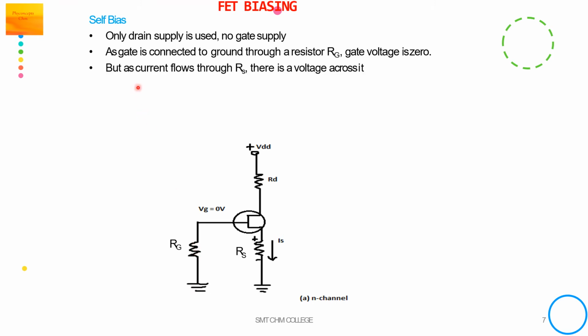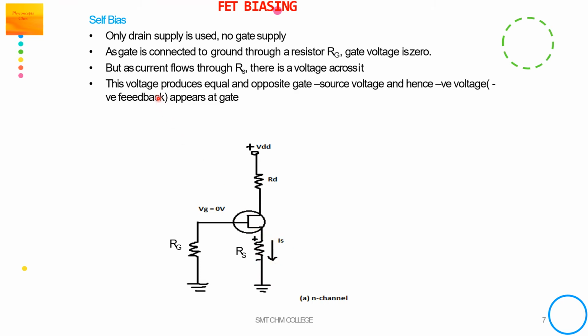But as the current flows through the source resistor RS, there is a voltage across it. So the drain current is flowing through this source resistance, so a voltage drop will occur across this RS.